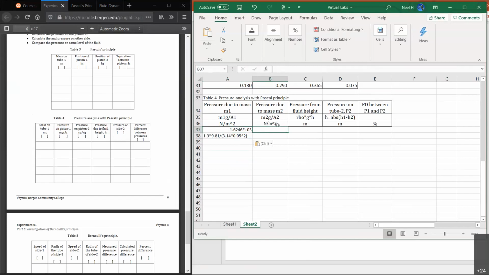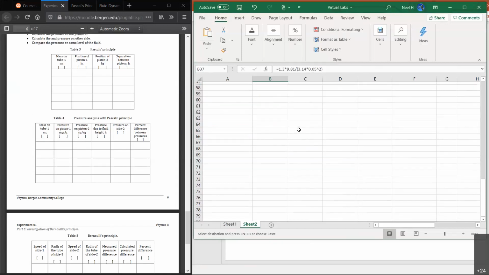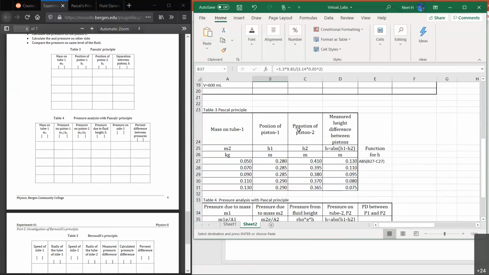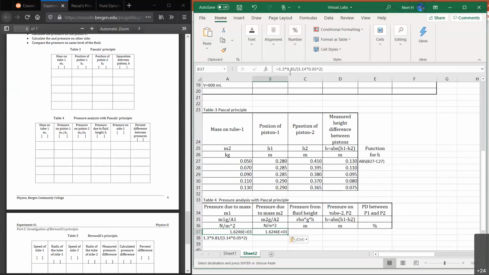Pressure due to mass m2, the same thing, exactly the same calculation. The only thing you're changing, you can copy paste here and then edit whatever you need. So the mass has to be edited now. That mass value is actually in your previous table, right? So the easy way of doing this, you can see I can change this mass 1.3 into this cell. Whatever the cell value there, you click that cell.